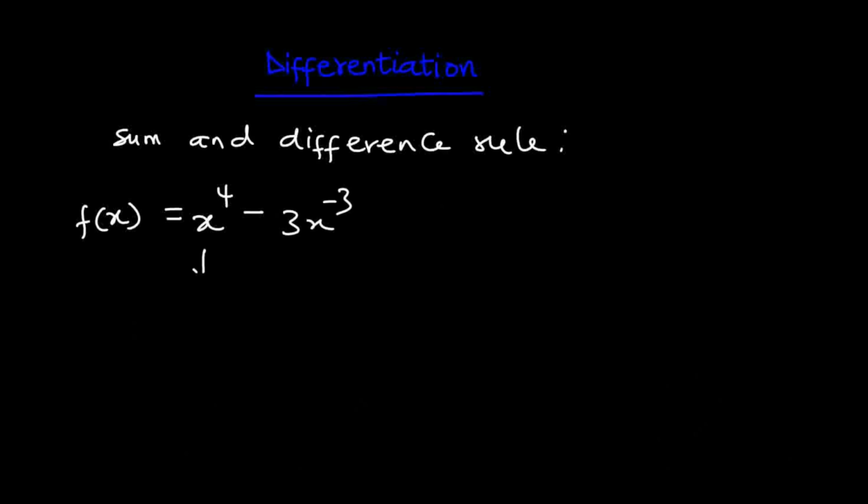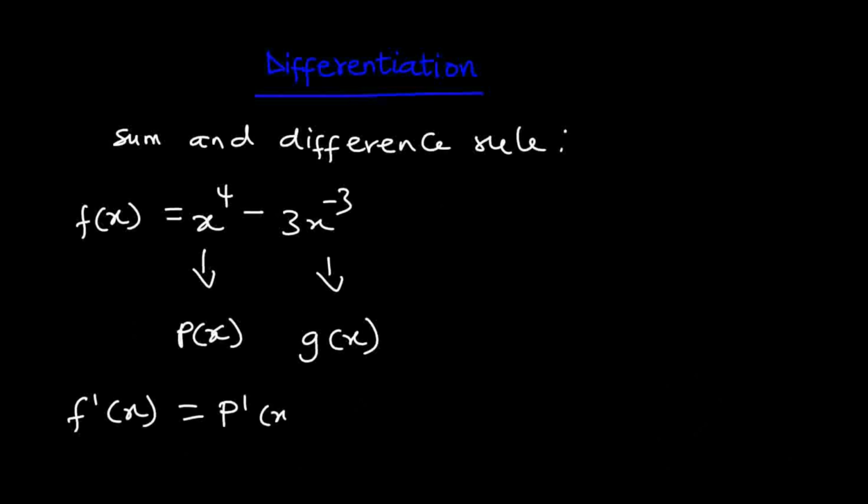I'm going to take this to be p of x, and then I'll take this to be g of x. So the derivative of this function will be equal to p prime of x minus g prime of x. What you have to do is find p prime and then g prime.